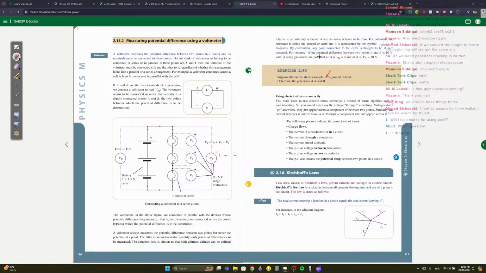They're saying, look, if B is the grounded one, that means VB is 0, and then A will just be 10. Here, they're saying if A is ground, then VA is going to be 0, and VB is 10. This is a very stupid question.